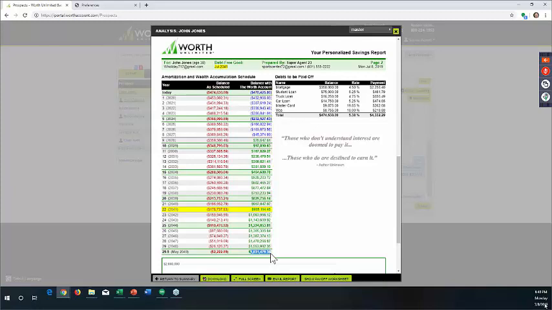By sitting on all of that debt for 30 years and just spending your money on whatever, you're missing out on your retirement. You're missing out on your life. And that is what the Worth account has the potential to do.